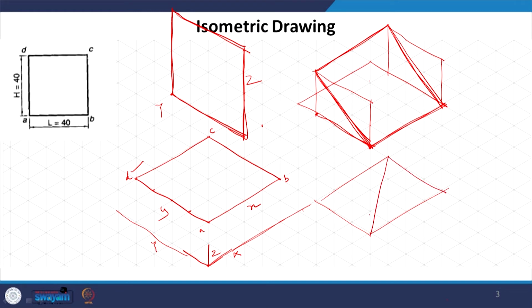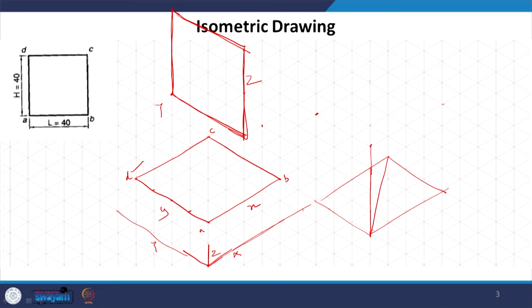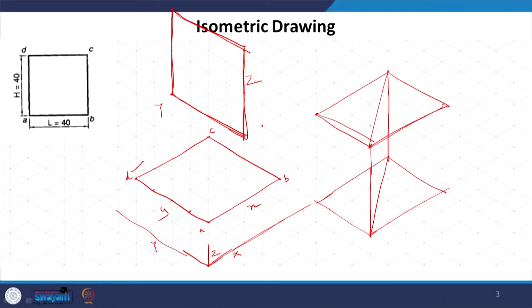The same thing we will have at a certain height, whatever the height is, and at this height we will again create the same rectangle, because this object we are talking about is a square where the edges are going to be parallel to each other. It is much simpler to draw edges which are parallel to each other because of the fundamentals of isometric projection which we know. So, the same thing here, and then we connect.